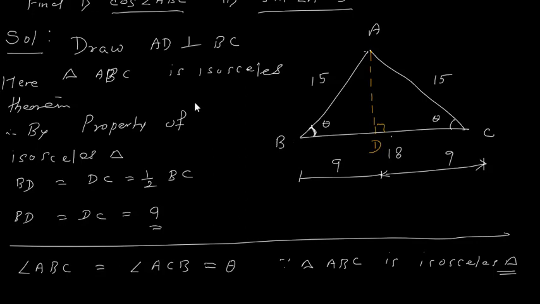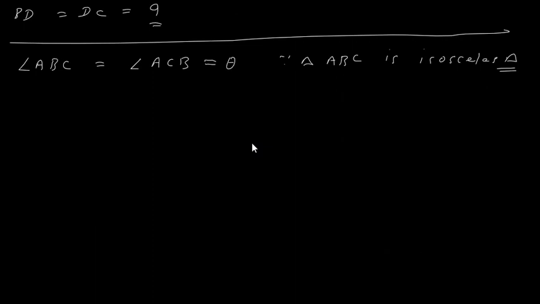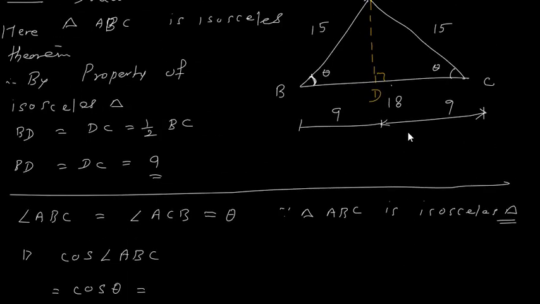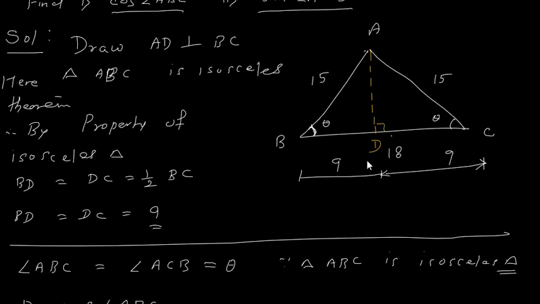So cos of angle ABC is nothing but cos of theta. Now cos of theta is BD upon AB.